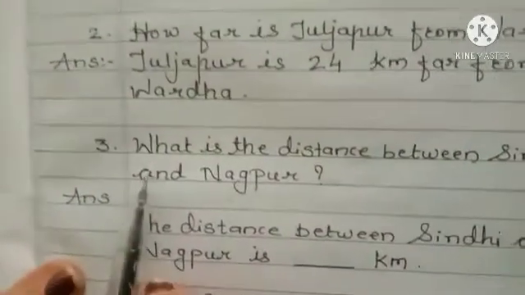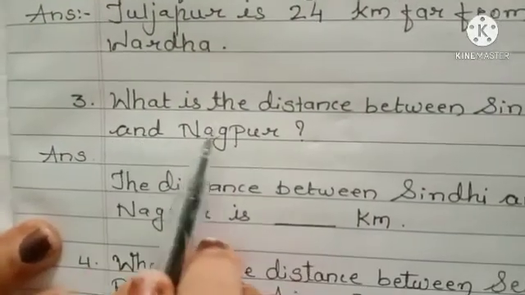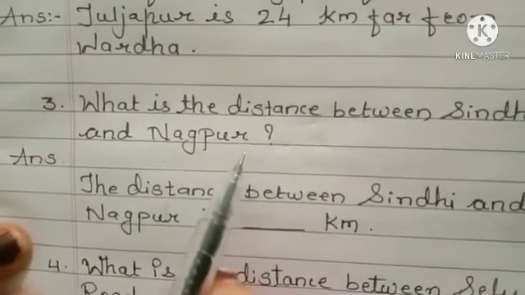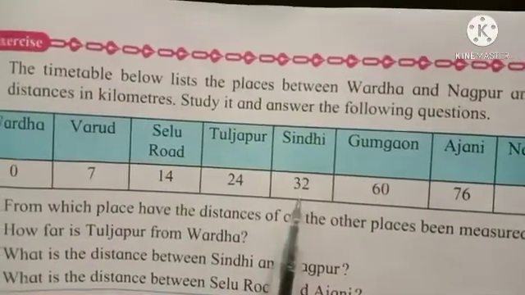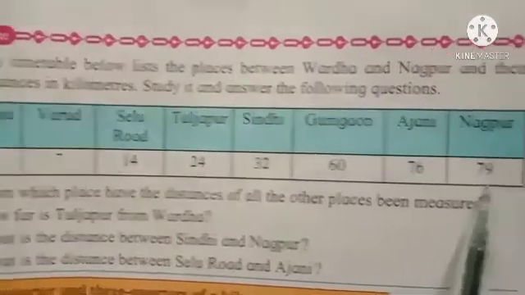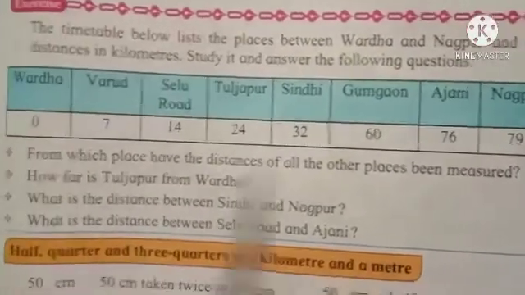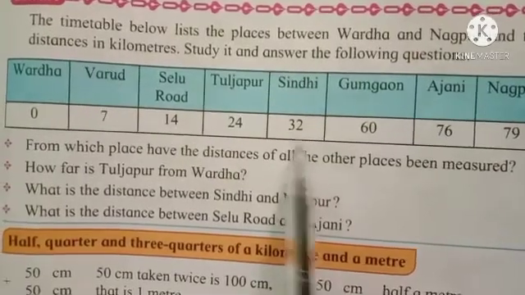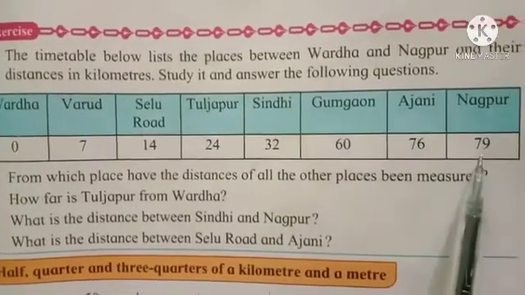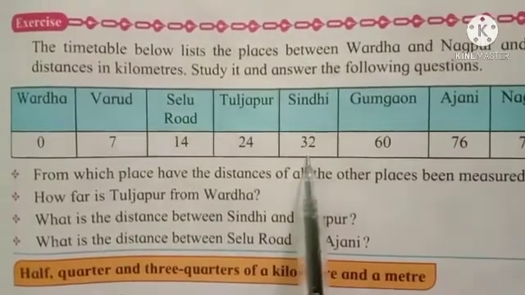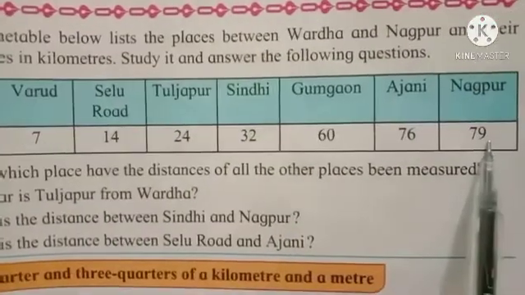Moving to the next question, our question is: what is the distance between Sindhi and Nagpur? So we'll see where Sindhi is here. Sindhi is 32 kilometers from Wardha and Nagpur is 79 kilometers from Wardha. If we have to find out the distance between Sindhi and Nagpur, what will we do? We will subtract the distance of Sindhi from the distance of Nagpur.